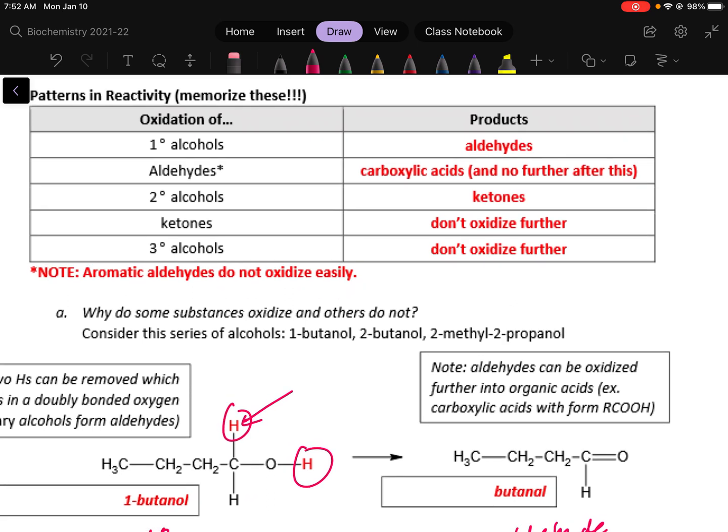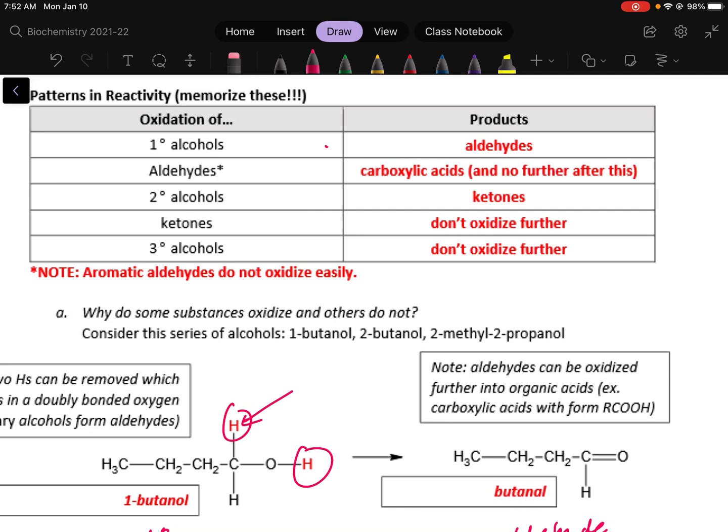We're going to come back to this part right here shortly, but let's skip ahead to the next page. This pattern of reactivity is pretty important, and if you didn't understand this part or didn't write this down, then the homework would have been pretty challenging. But the overall idea is that some chemicals or some functional groups oxidize fairly easily without a bunch of heat or changing the acidity or anything like that.